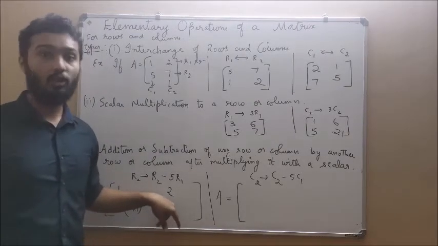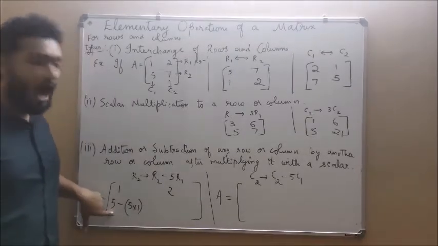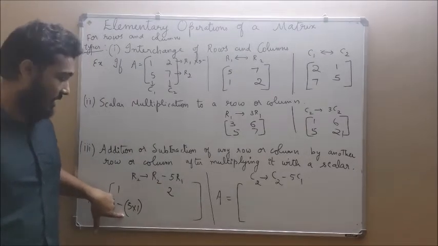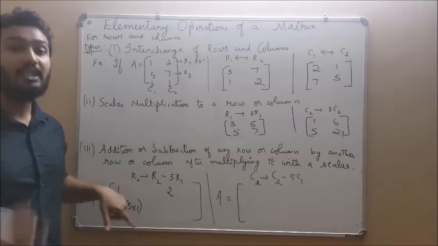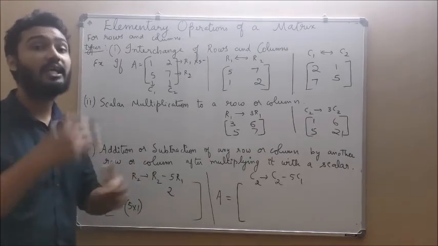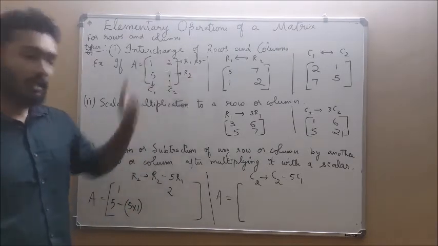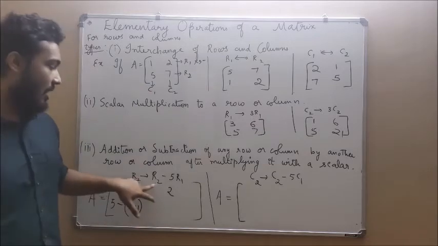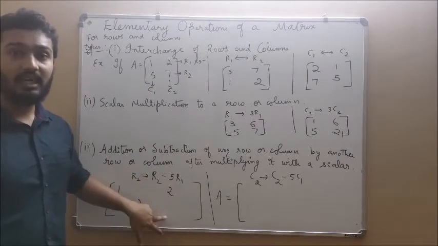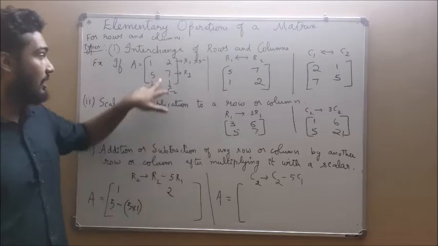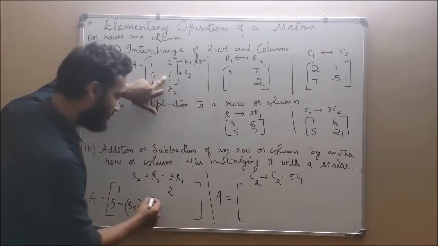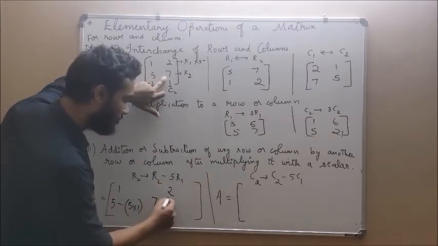5 into 1. I hope you understood. R2 minus 5R1 means we are multiplying the corresponding element by a scalar. Next, R2 minus 5R1. What is the corresponding element of R2 here? 7. So 7 minus 5 into R1.